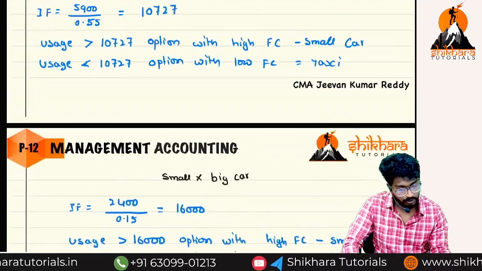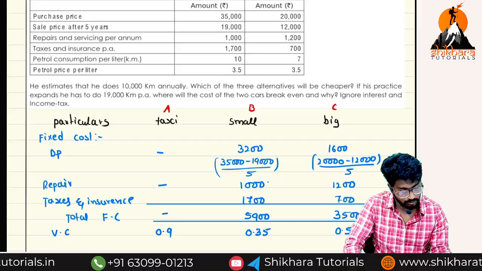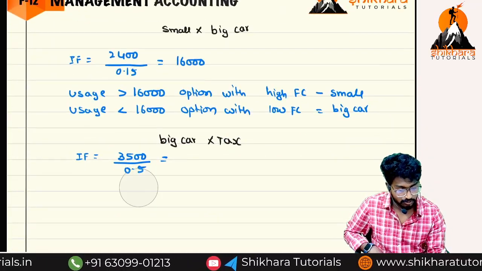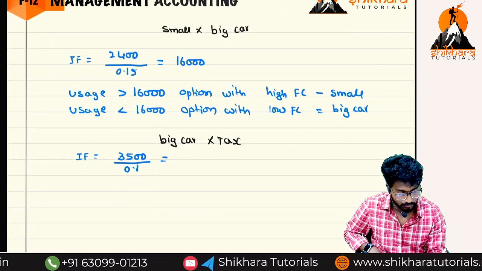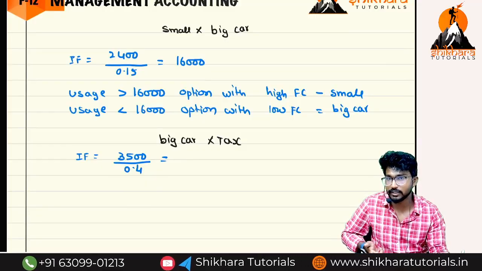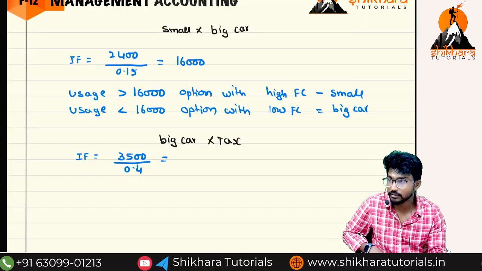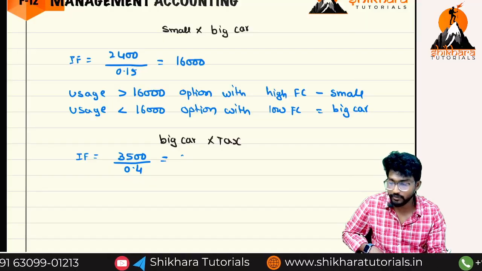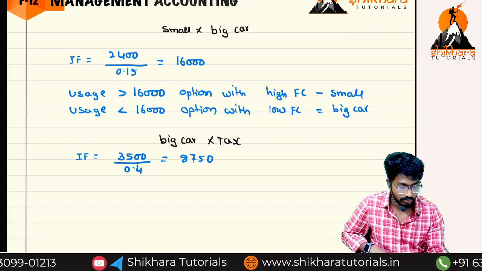Sorry, the difference between variable cost is 0.4. Now, how much is it? 8,750.